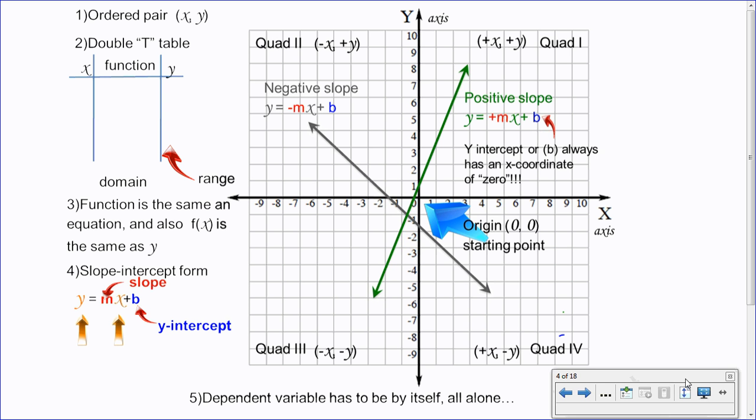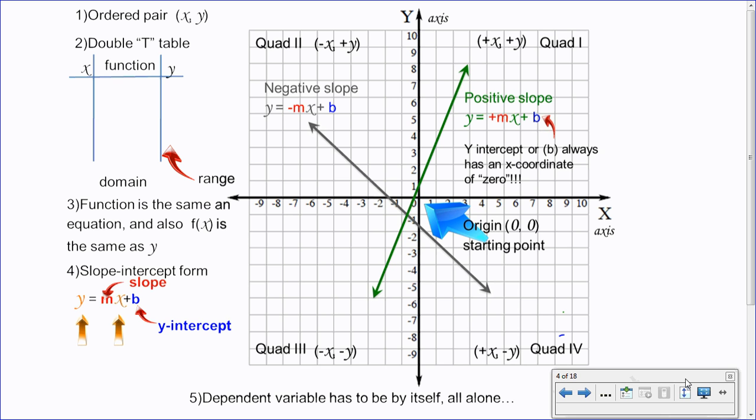And it goes counterclockwise. Is that right? Counterclockwise. Yeah. Okay, so quad 3 down here, the x is negative, y is negative. Good. Quad 4, x is positive, y is negative.